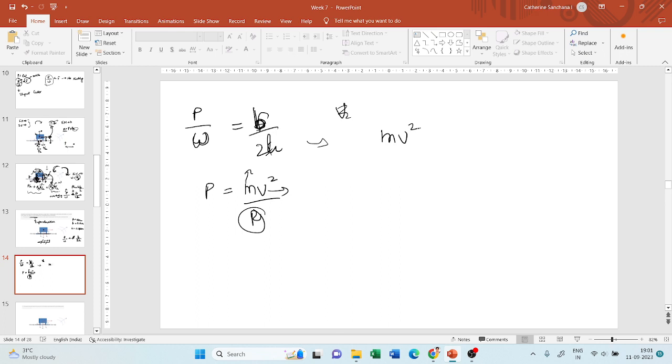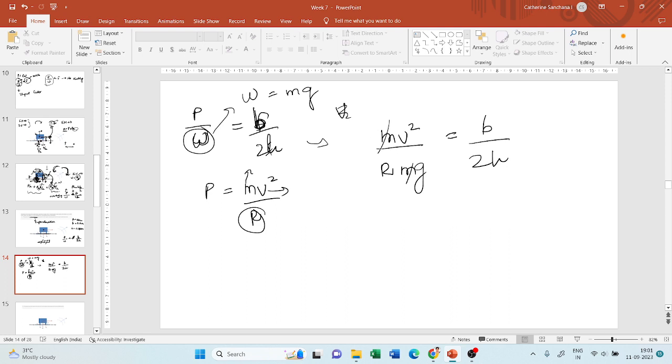So m into v square by r. What is W? W is the weight of the vehicle, and we know that weight is nothing but mass into acceleration due to gravity. Since weight is not given directly in the question, you can substitute for weight as m into g, and this has to be equated to b by 2h.